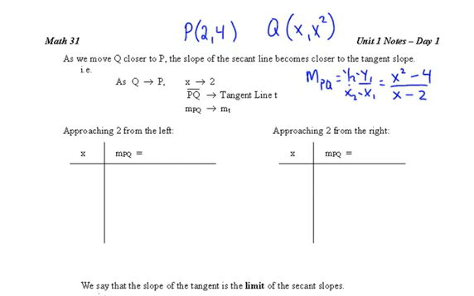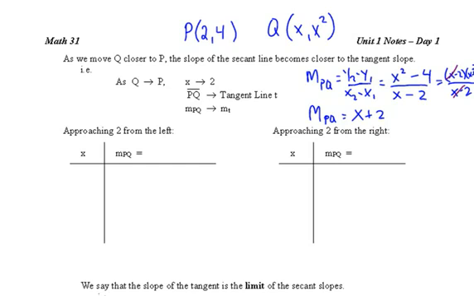Difference of squares, factor. What does x squared minus 4 become? x minus 2 times x plus 2. Over x minus 2, the x minus 2 cancels. So the slope of our secant line going through 2 and 4 is x plus 2.